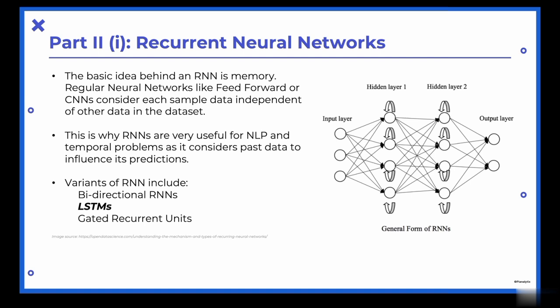Variants of RNN include bidirectional RNNs, LSTMs or long short-term memories, and gated recurrent units. On the right-hand side, we can see a general form of RNN. This resembles a general neural network, except for the fact that there are self-connections to each hidden layer neuron, which is helping to contain memory.